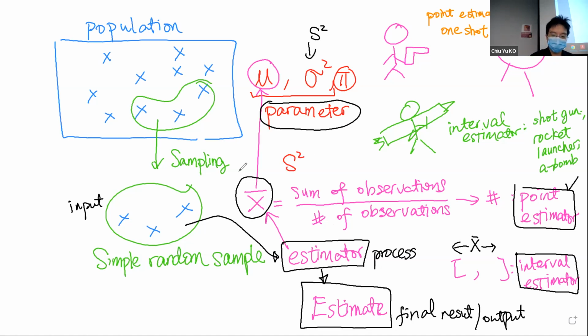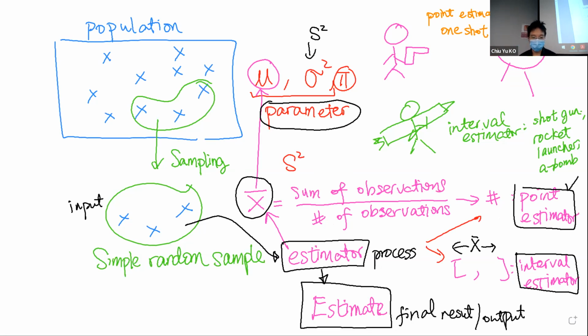Once the data is put in, it is called an estimate. There are two types of estimator: one is called point, one is called interval. For point, you have a single number. Interval is more than one number. So that's the goal.